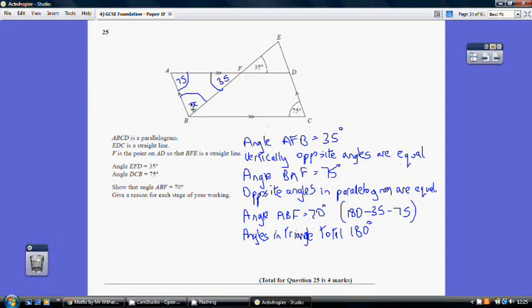Secondly, because ABCD is a parallelogram, angle BAF must also be 75 because opposite angles in a parallelogram are equal. So this is 75, this is 35, so this must be 70, because angles in a triangle total 180, and this plus this equal 180. x must be 70.